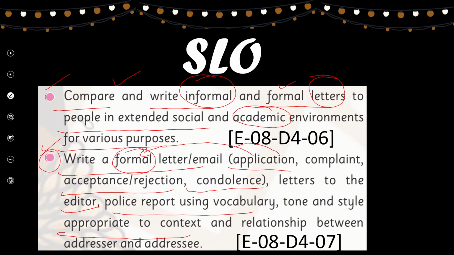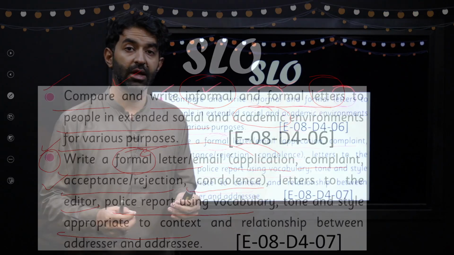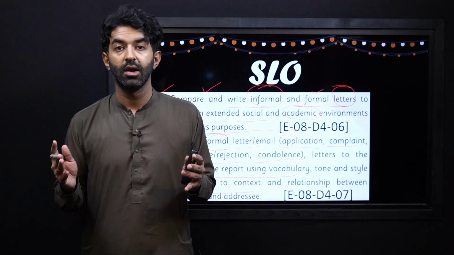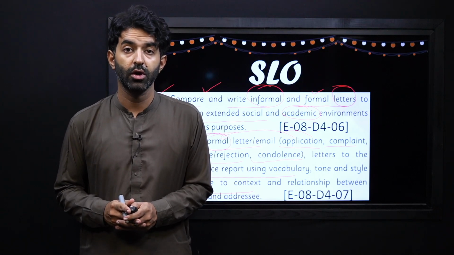It can be written for academic or professional or formal situation. Now, we will see these different kinds of parts and types later on, but we are going to focus on application over here. So, letters and application, this is what we are going to do.